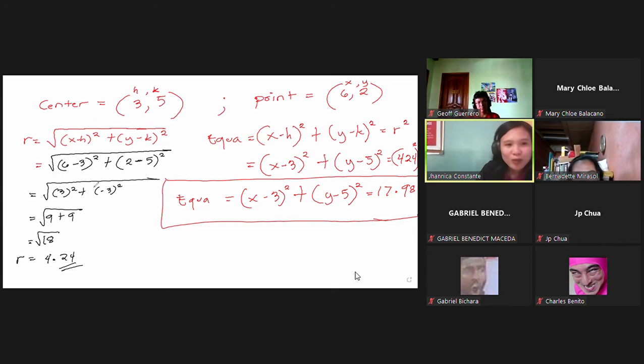If you're just going to identify the center in some of the questions, since it's written already in the equation, just get the opposite sign of the values of h and k in the equation.